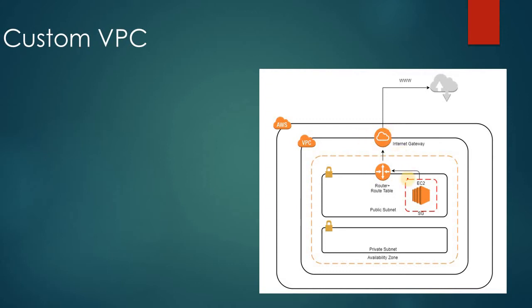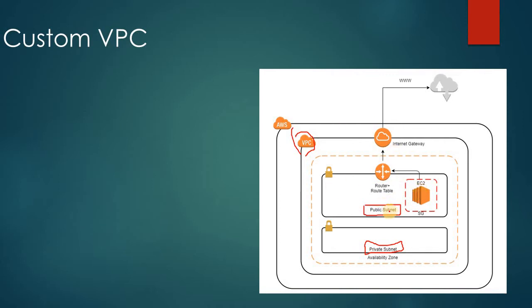So in this class we are going to create a custom VPC. In the custom VPC, we will create the VPC first right here. Under the VPC we will create subnets, a public subnet and a private subnet, and first we will work in this area.